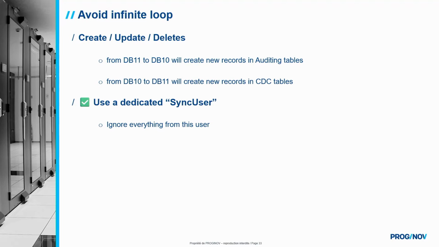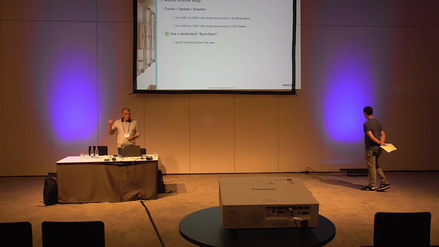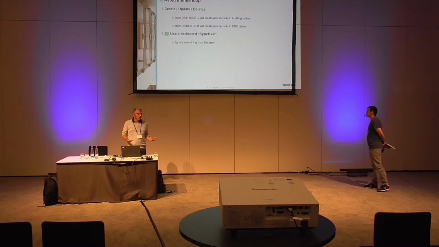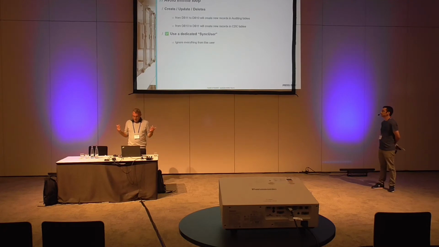So the replication for an update in the OpenEdge 11 DB will create another update in the OpenEdge 10 DB. But this update on the OpenEdge 10 DB will create an update on the OpenEdge 11 DB. So it could be an infinite loop. It's not really an infinite loop because when you move back to OpenEdge 11, there is no change in the field, so there is nothing to be updated.